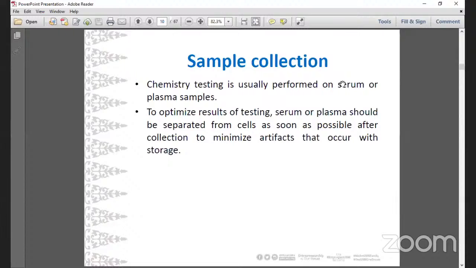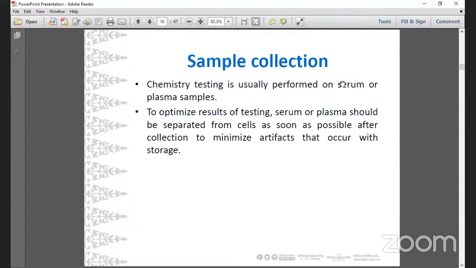Okay, now I'll talk about sample collection. For the sample collection, we know that chemical testing is usually performed on serum of blood sample.